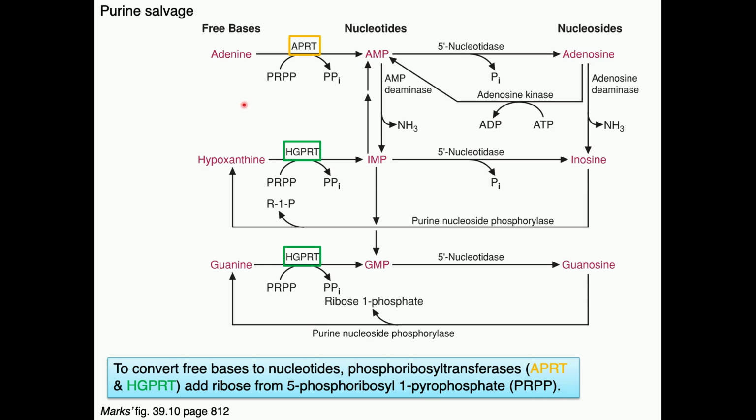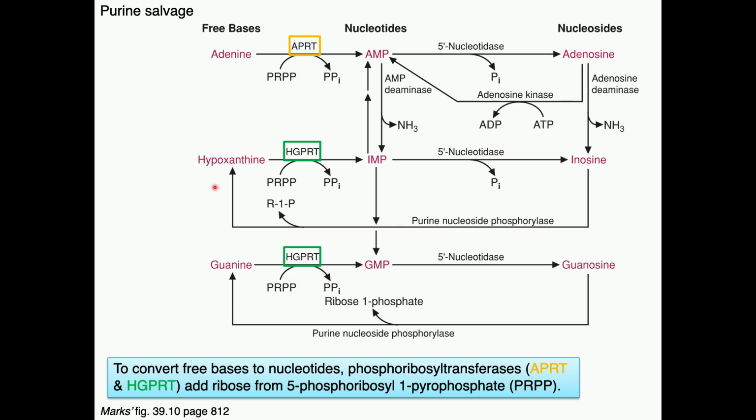Likewise, there is an enzyme that can take the hypoxanthine base and the guanine base and add the phosphoribosyl to that to make the inosine monophosphate or guanosine monophosphate respectively. So this is the hypoxanthine-guanine phosphoribosyl transferase, and this is again making the same product, the inosine monophosphate and guanosine monophosphate, but doing it through a base transfer rather than through building the base up atom by atom.